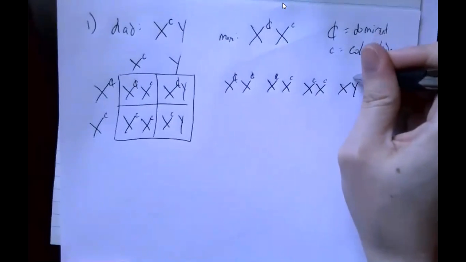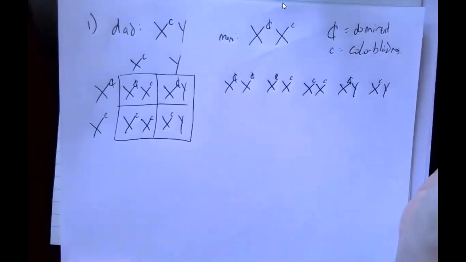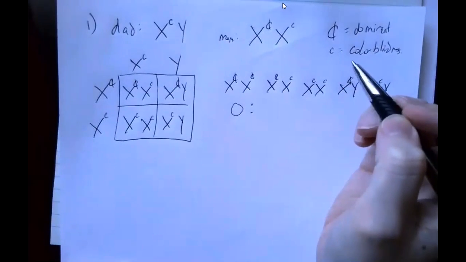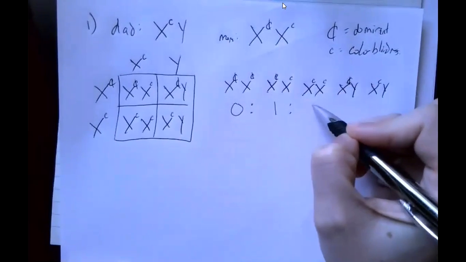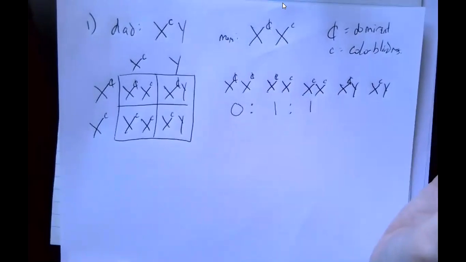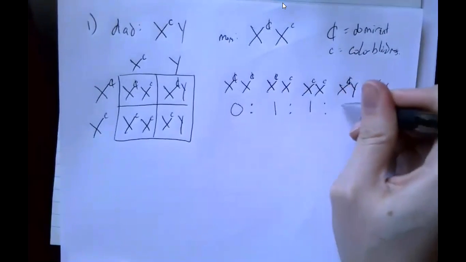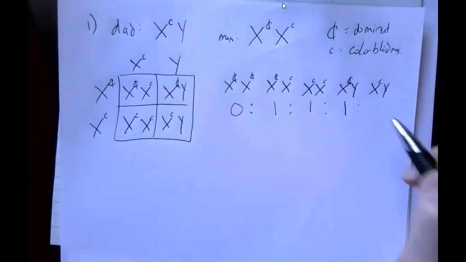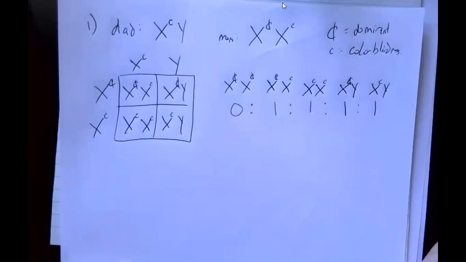And then for the male, either he can have the dominant or the recessive trait. So in this case, we have 0 homozygous dominant, 1 carrier female, 1 homozygous recessive female, 1 dominant trait male, and 1 recessive trait male.